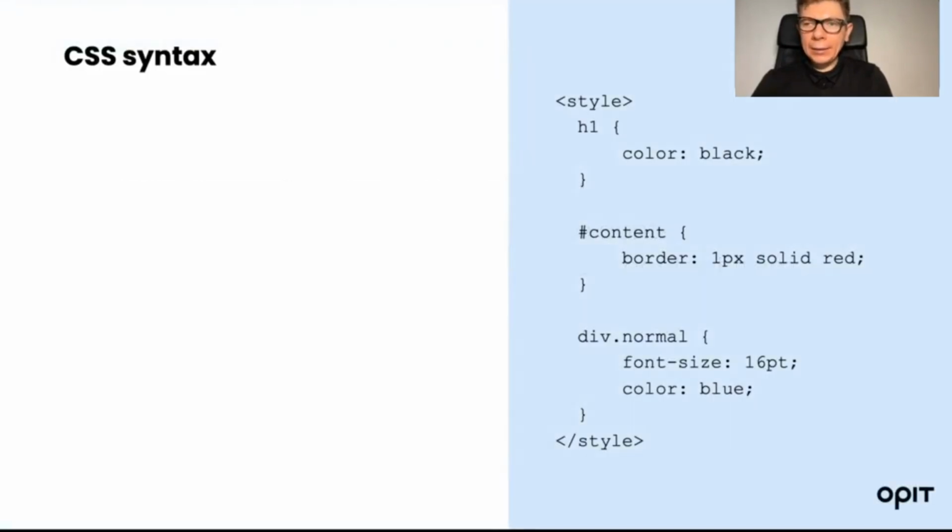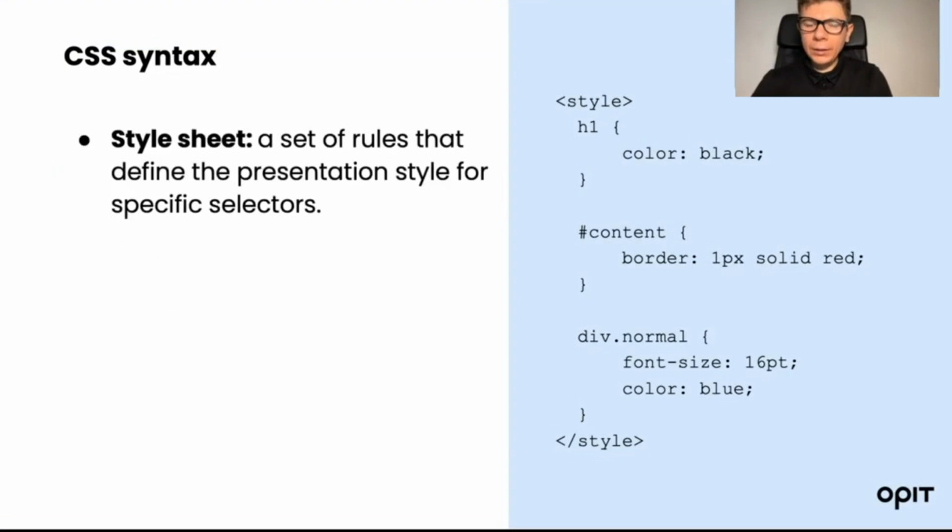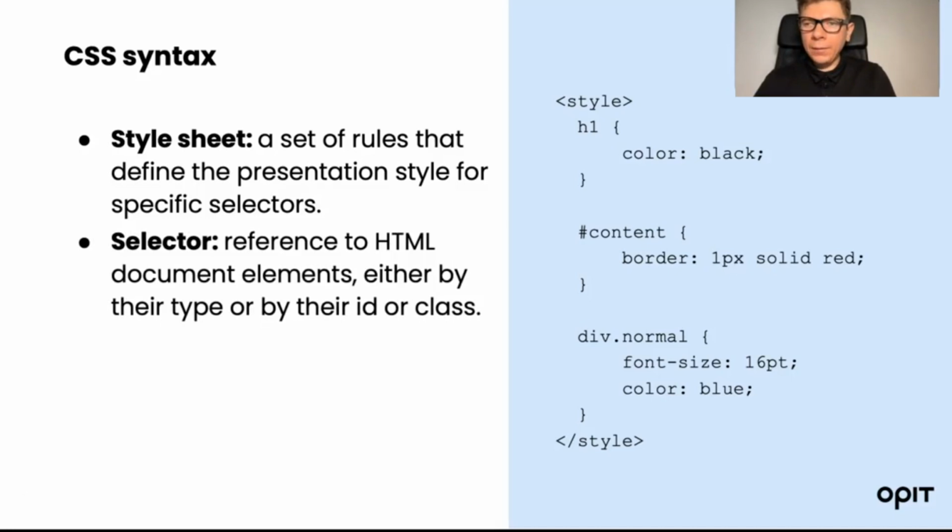The CSS syntax is very straightforward. It consists of a style sheet, which is a set of rules that define the presentation style for specific selectors. Here on the right-hand side you see that the style sheet is defined by the style tags, and between the style tag and the closing slash style we have selectors, which are references to HTML document elements, either by their type or by their ID or class.